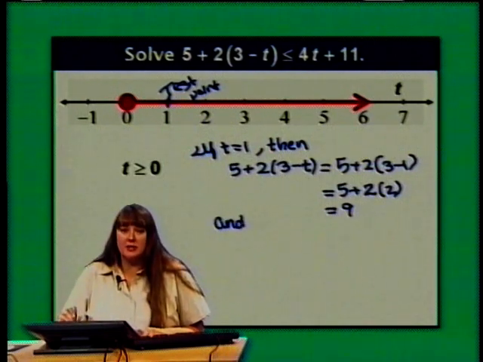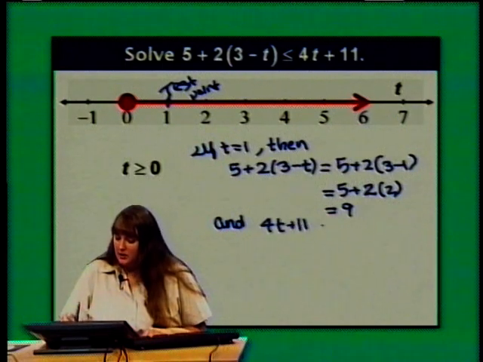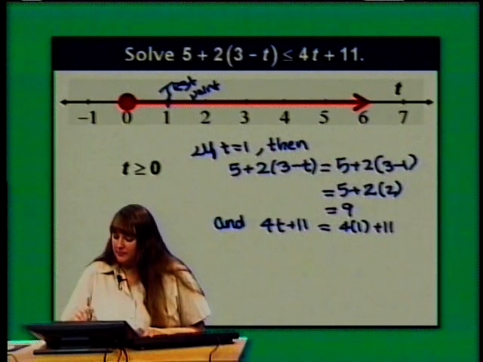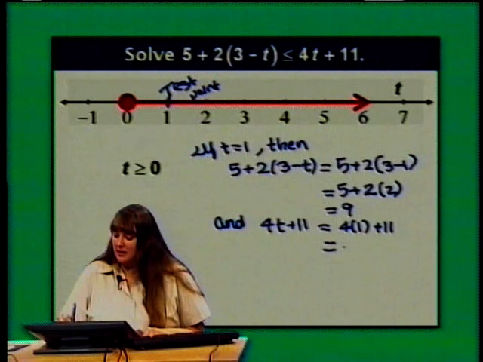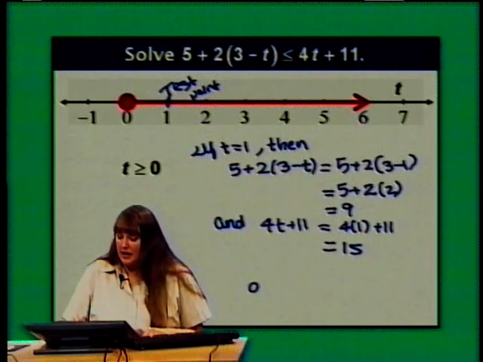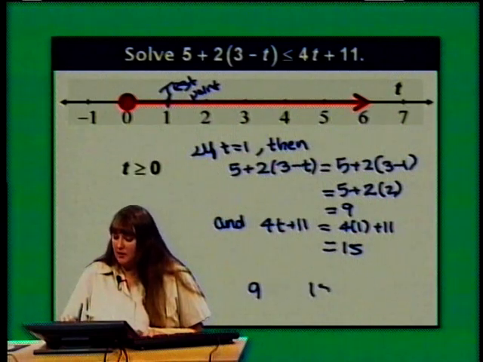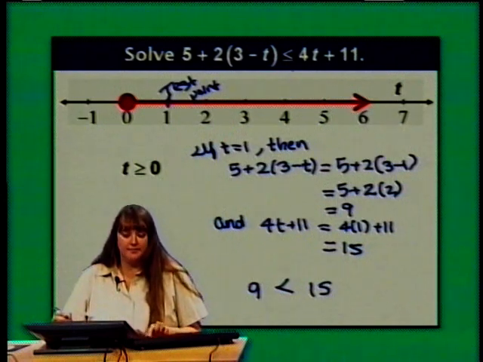And my variable expression on the right-hand side, 4t plus 11, would evaluate to 4 times 1 plus 11. 4 times 1 is 4, plus 11 is 15. Now I need to compare 9 on the left, 15 on the right. Well, 9 is less than 15, so my sense of my inequality is okay. 9 is definitely less than or equal to 15 because 9 is less than 15.